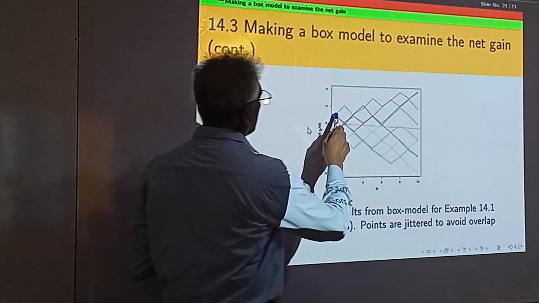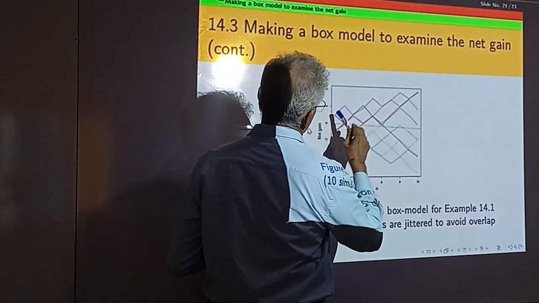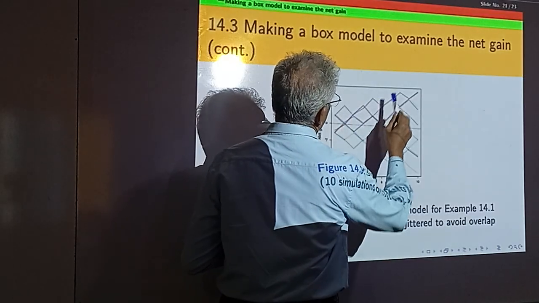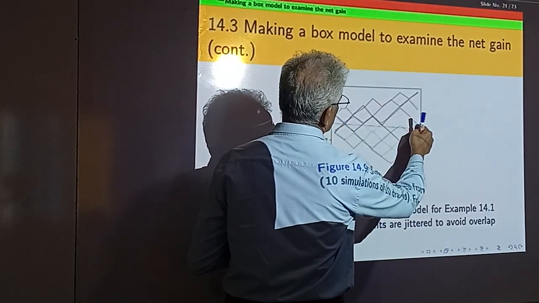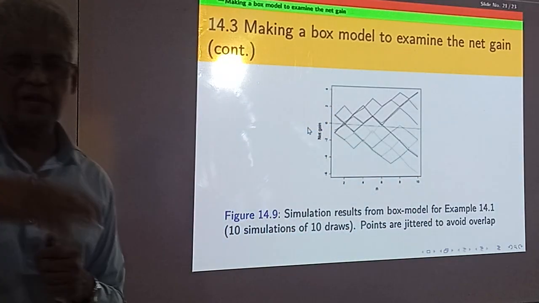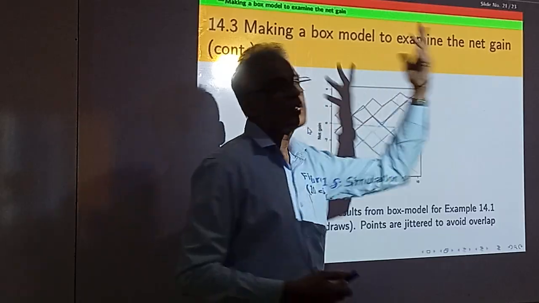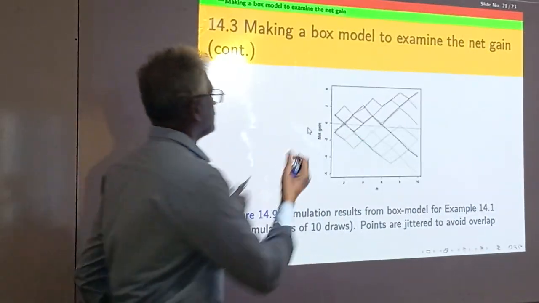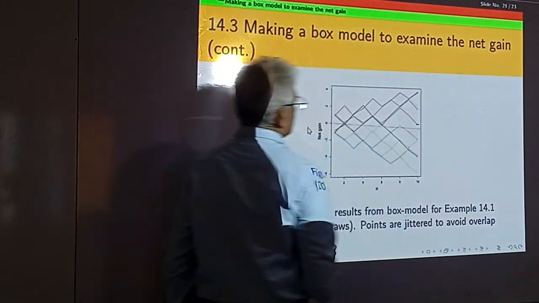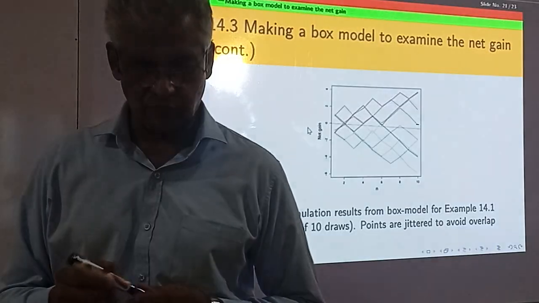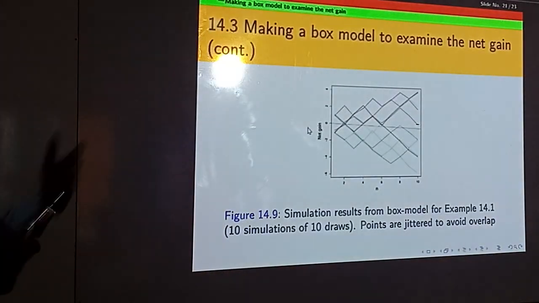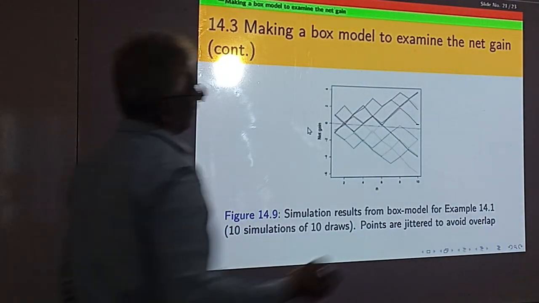For example, this is one possibility, right? It went like this, and this was the end point. At the end, the total was something like $1. This is 0. This is $1. That is one possibility. And there is another possibility.